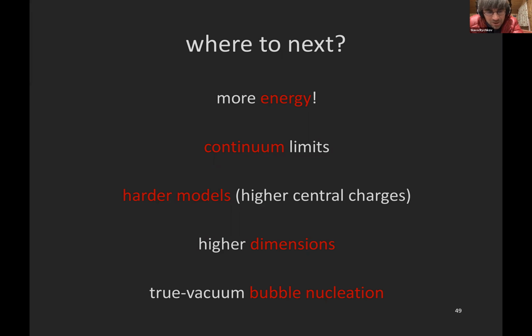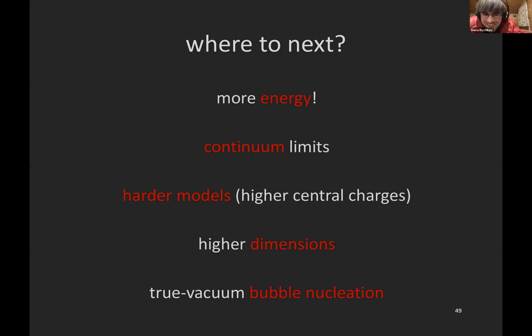I don't think you will be able to say anything particularly interesting there, because those calculations are not strongly coupled. People have computed this in the standard model. People know how to compute the lifetime of the false vacuum, and we know that we live in a pretty safe false vacuum.